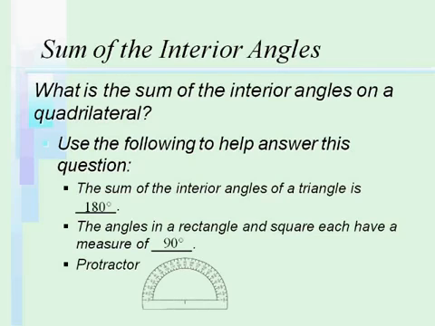And if all else fails, you can use your protractor. Using all of that, you should come up with the thought that the sum of the interior angles on a quadrilateral add up to 360 degrees.